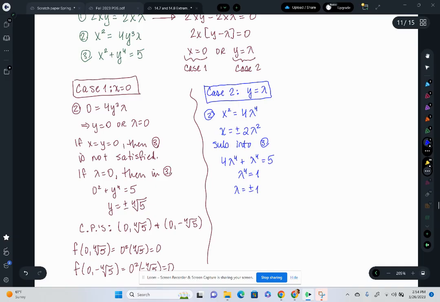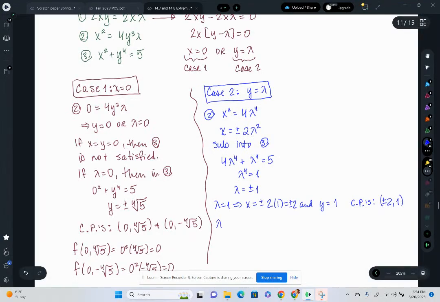Okay? Now, if lambda is equal to 1, this implies that x is equal to plus and minus 2 times 1, or just 2, and y is equal to 1. So I get 2 critical points, actually, where x is plus or minus 2 and y is 1.